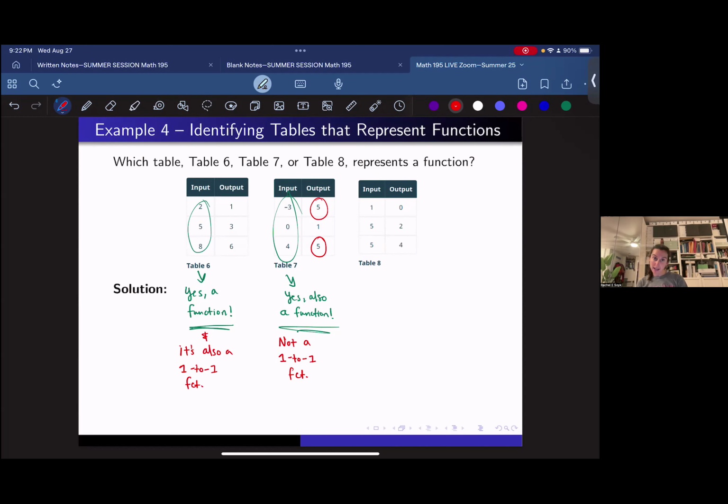However, in that last table, table 8, our x values are being repeated, which means we don't have a function, and most certainly it's not one-to-one because it's not a function at all. So x values repeated, therefore vertical line test fails.